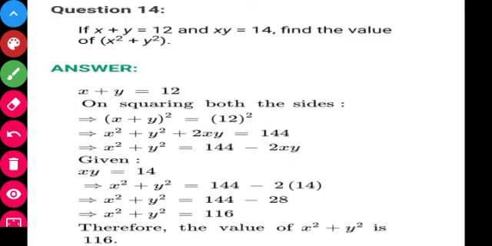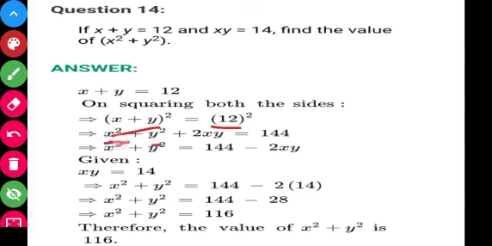Question 14 is given. If x plus y is 12 and xy is 14, find the value of x square plus y square. So here x plus y is given and it is asking x square plus y square. So write the given information. Since x plus y is equal to 12, squaring on both sides, we get x plus y whole square is equal to 12 square.